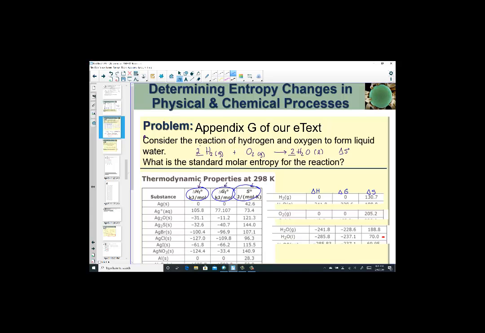Another observation to make, I want us to notice units. Notice that enthalpy is in kilojoules per mole. Gibbs free energy is the same, kilojoules per mole. But critically important to note that entropy is in joules per mole Kelvin.